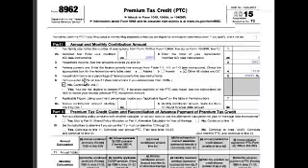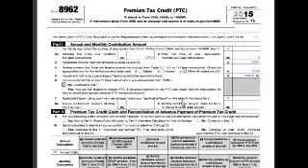In this case, you have to go to line 7. Line 7 is the applicable figure. You're going to use the percentage from line 5, and using it, look at your applicable figure in the table in the instructions.